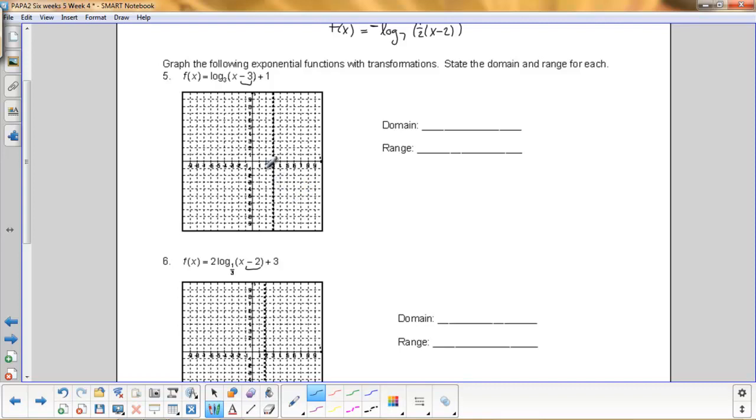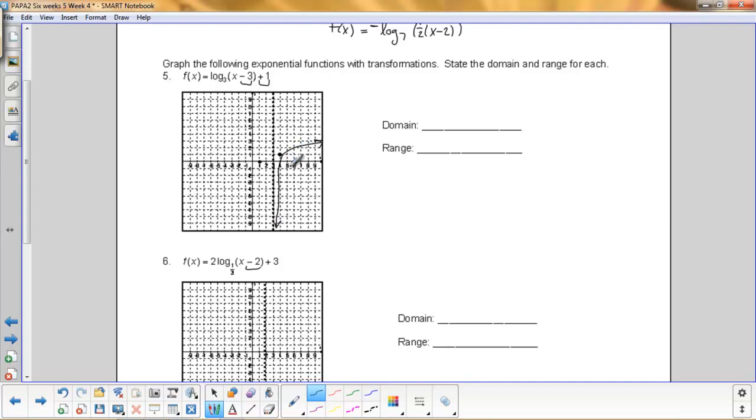You'll notice the critical value that usually occurs at 1, 0 now is going to be over at 4, 1 because of the translation up 1 unit. And then you can estimate the rest of your graph by simply drawing it here.